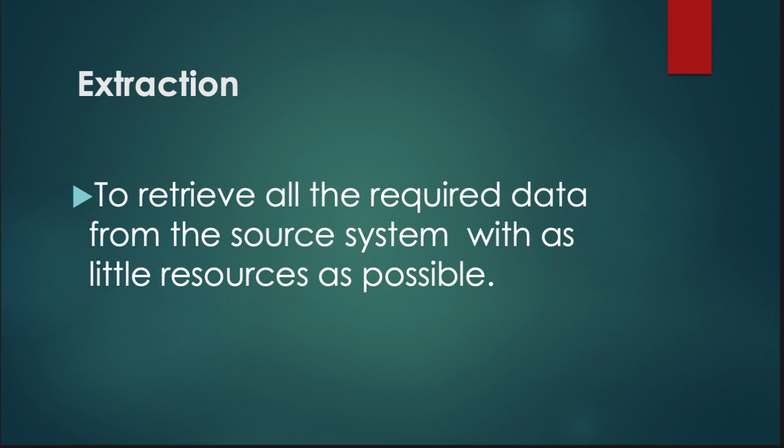The main objective of the extract step is to retrieve all the required data from the source system with as few resources as possible. Logically, the data can be extracted in two ways before physical data extraction.